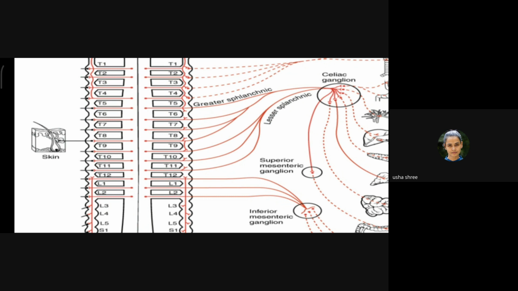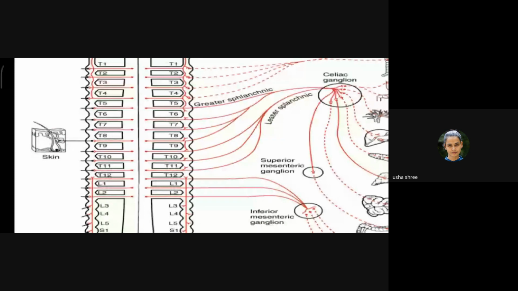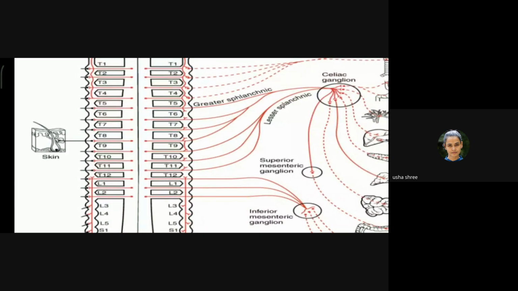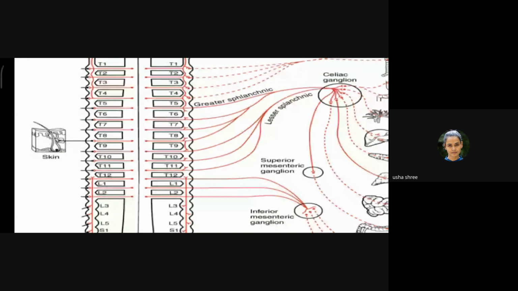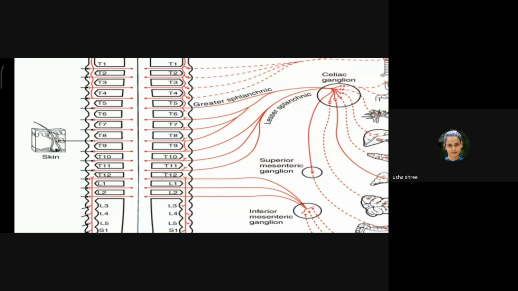Nerve roots originate from the spinal cord, and after originating, each nerve root forms a ganglion just beside the spinal cord, and for that reason a chain of ganglia is present from the upper cervical level to the lumbar level.